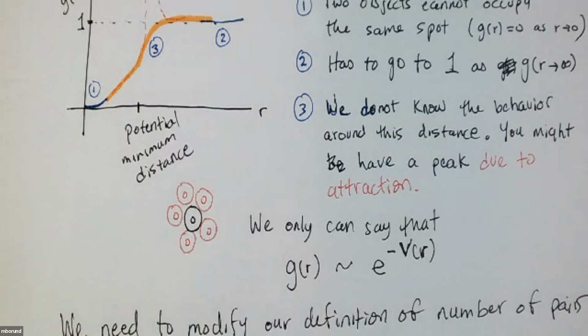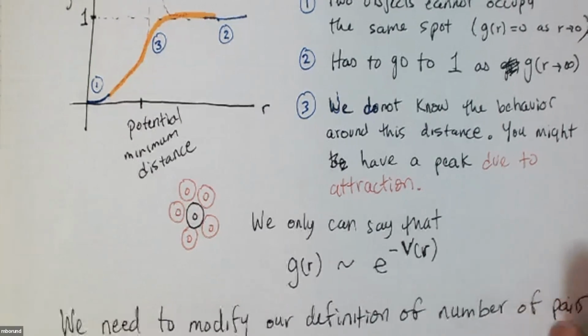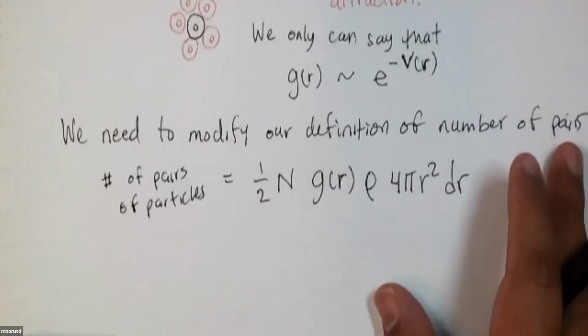Let me rewrite it. One half n times our G of R and rho, the density, 4 pi r squared, and then the size of the shell that we're using. So what we want to do is calculate G of R, right?